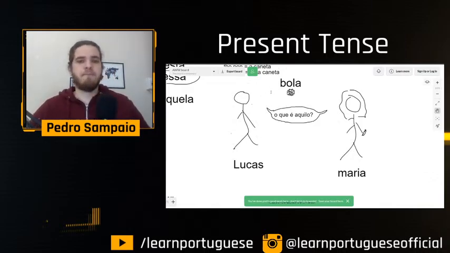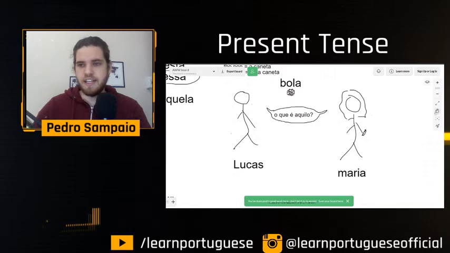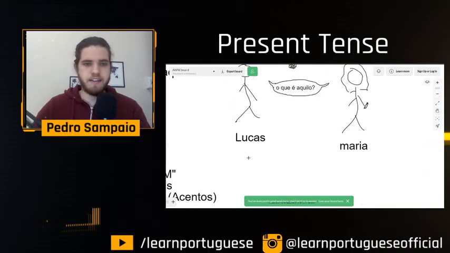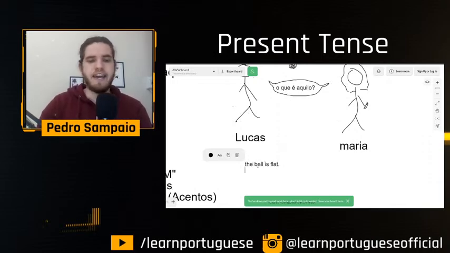Right, so if they both want to say that, well, since Shani just asked, let's use both examples for the verbs ser and estar here. The ball is flat and the ball is, let's say, black and white.